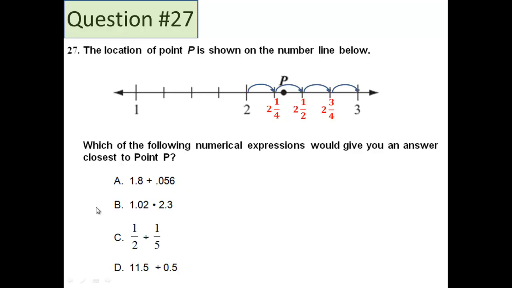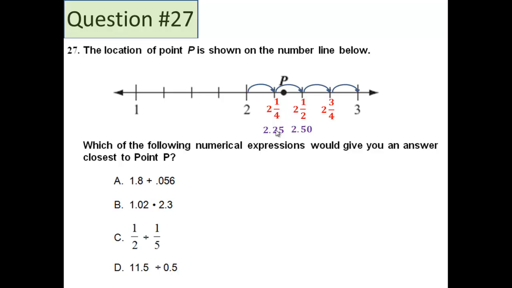Okay? But then I look at my answer choices. I see fractions in letter C, but I also see decimals. So I better make these look like decimals too. So I know 2.5, that's 2.50 or $2.50. Can you call out if you remember what 2 and 1/4 would be as a decimal? Go ahead, call it out. Yeah, if you said $2.25, you'd be right.